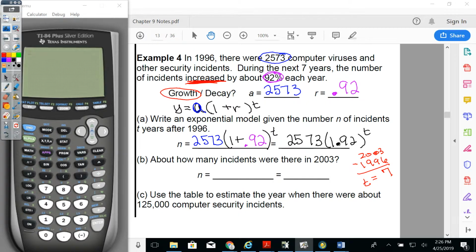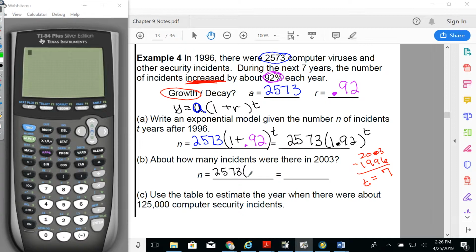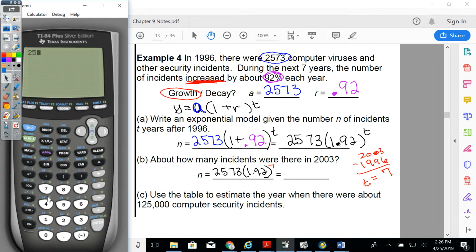So we just plug it in and we get 2573 times 1.92 to the 7th power. And then again here we just type it in the calculator and we round to the nearest whole number because we don't want decimals here. So 2573 times 1.92 to the 7th power.